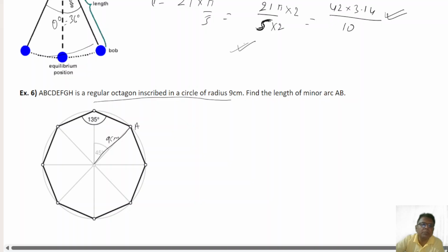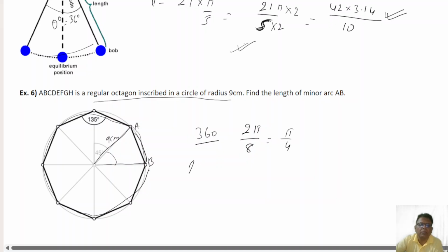Suppose this is AB. This is minor AB and this is major AB. So it is asking for minor AB. First we'll have to find the angle. The total is 360, or 2 pi, divided by 8. That will be pi by 4.